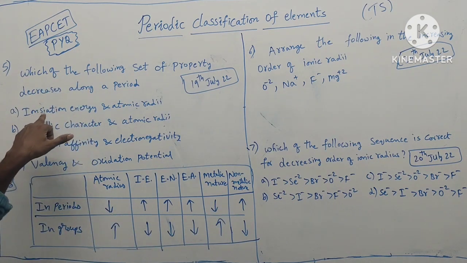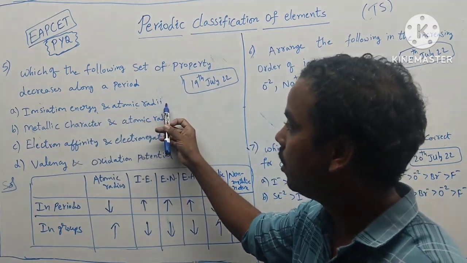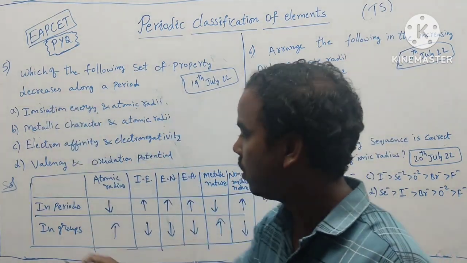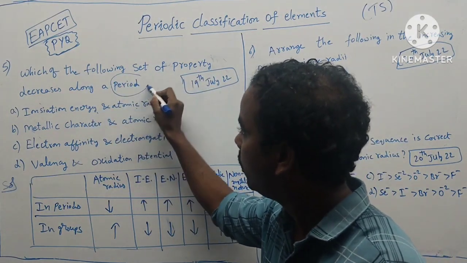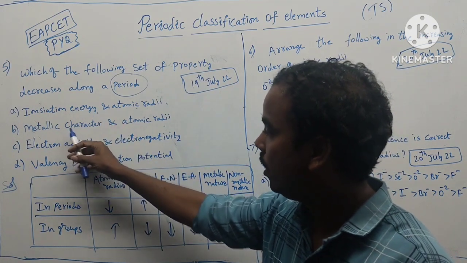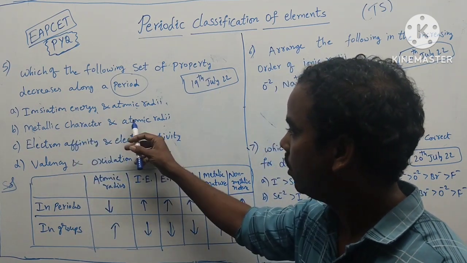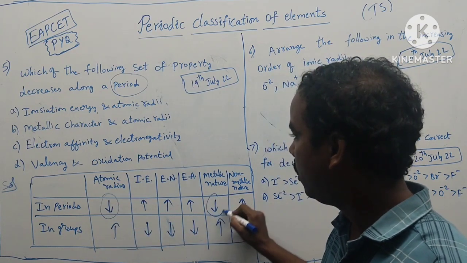So the first option: ionization energy and atomic radii decrease. Correct or wrong? Along a period, ionization energy increases. So wrong. Metallic character decreases: correct. Atomic radii decrease. So atomic radii decrease and metallic character decreases.